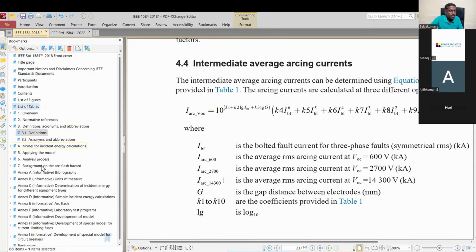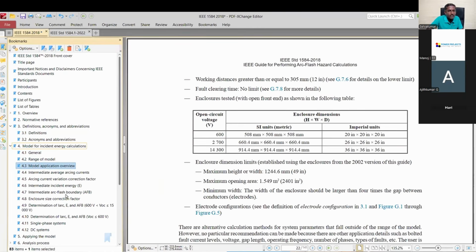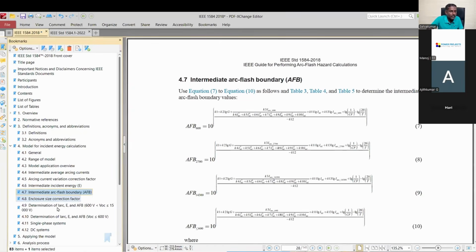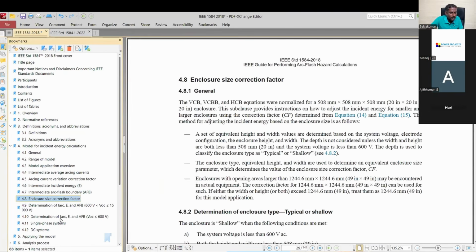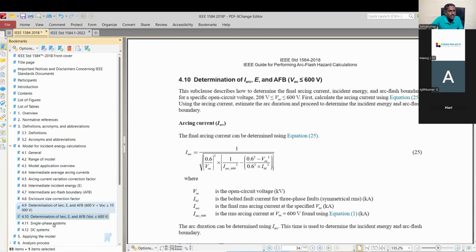So you will have multiple topics: range of model, model application overview, intermediate average arcing current variations, incident energy calculations, intermediate arc flash boundary, enclosure factor, and determining incident energy for 600 volt to 15 kV or less than 600 volt, single phase system and the DC system.